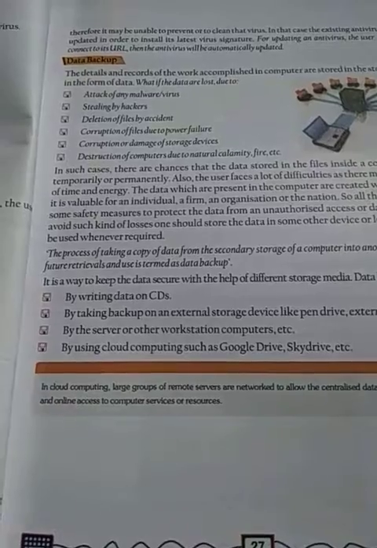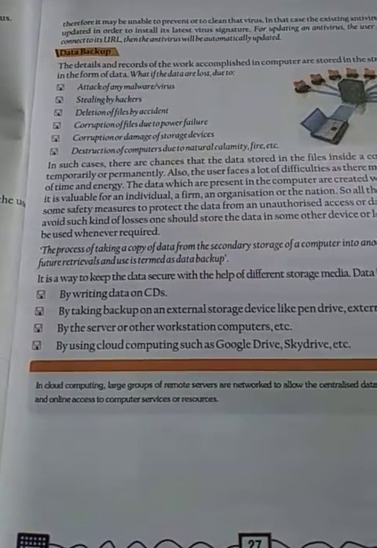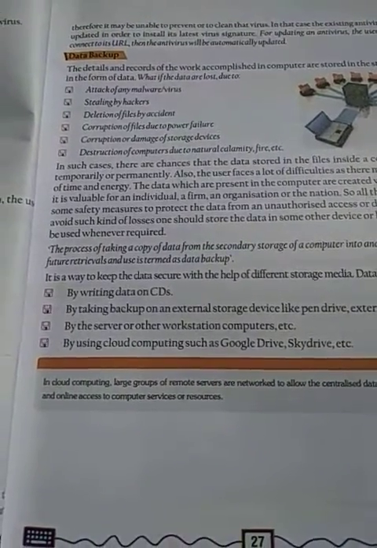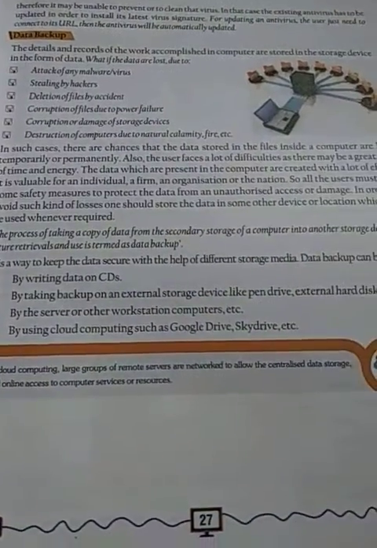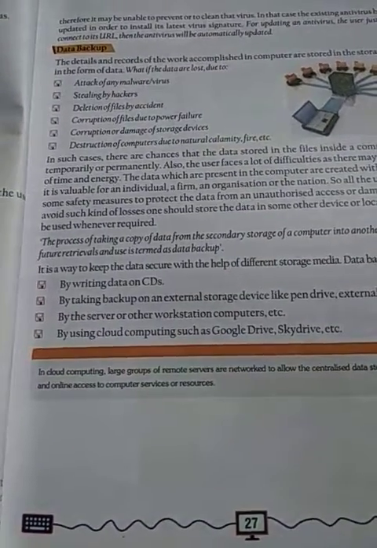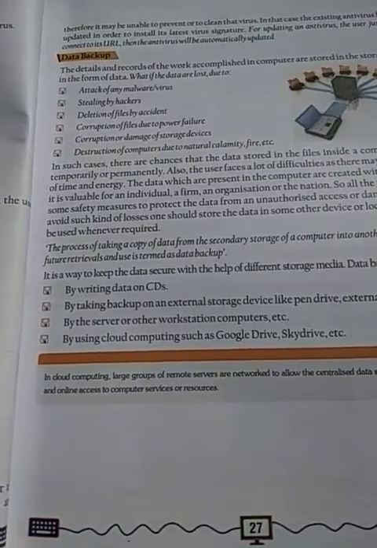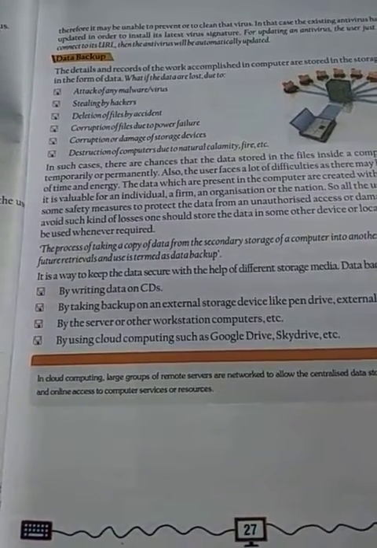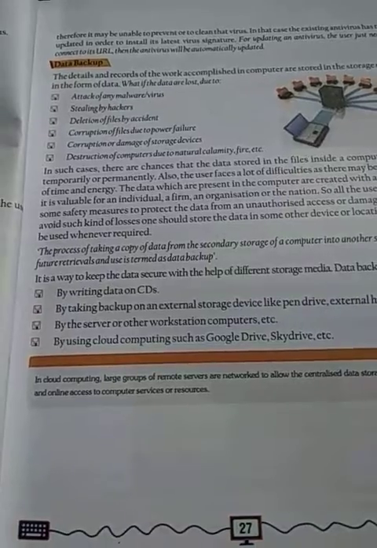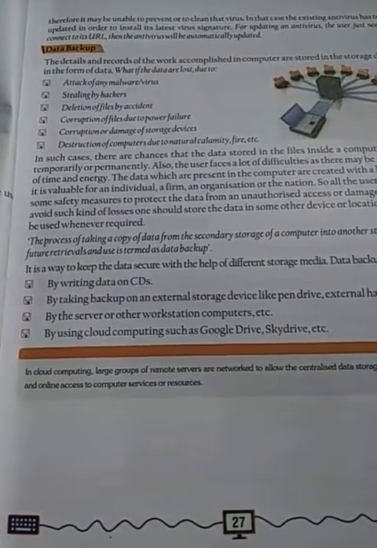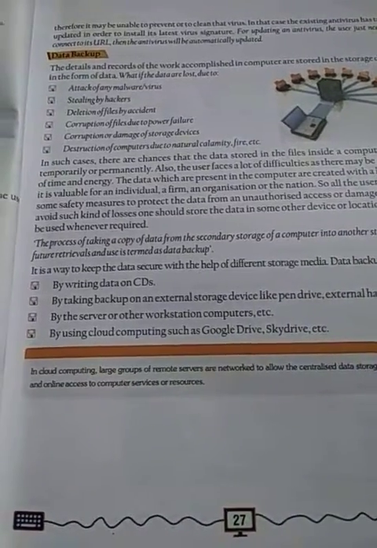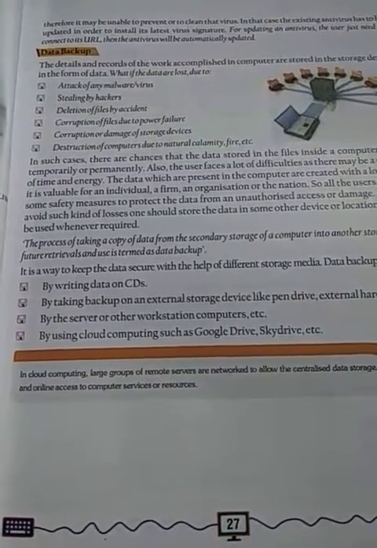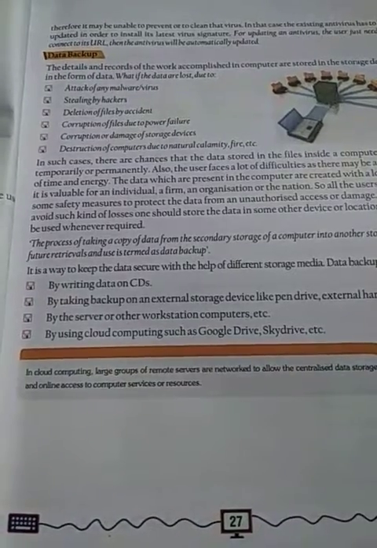Data backup basically means the process of taking a copy of data from the secondary storage of a computer into another storage for future retrieval and use. In simple words, we make a copy of our data and we keep it somewhere else, so that if the actual copy is destroyed, then we can make use of it.